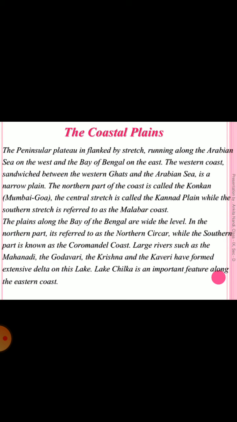Large rivers such as the Mahanadi, Godavari, Krishna, and Kaveri have formed extensive deltas on this eastern coastal plain, and Lake Chilika is an important feature along the eastern coast. This is India's biggest saltwater lake, and it is found in the state of Orissa, just below the Mahanadi Delta.